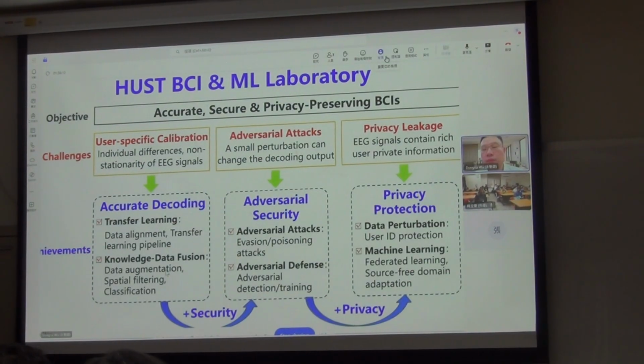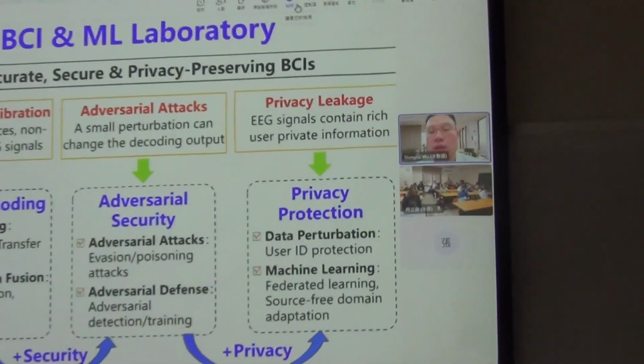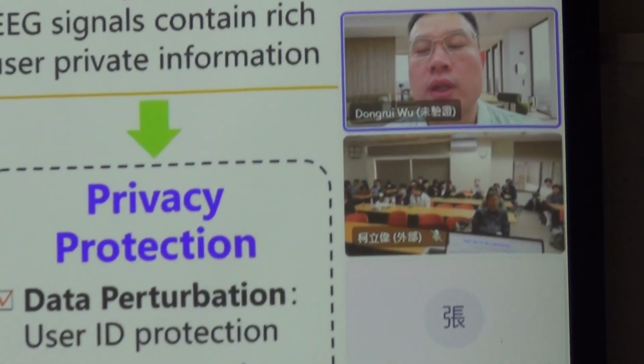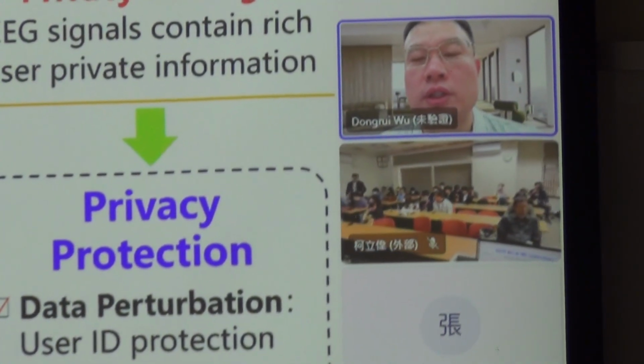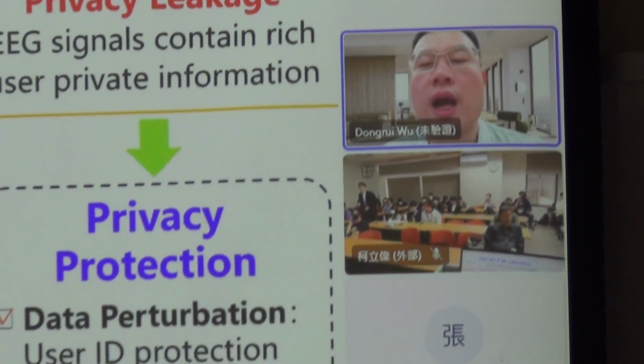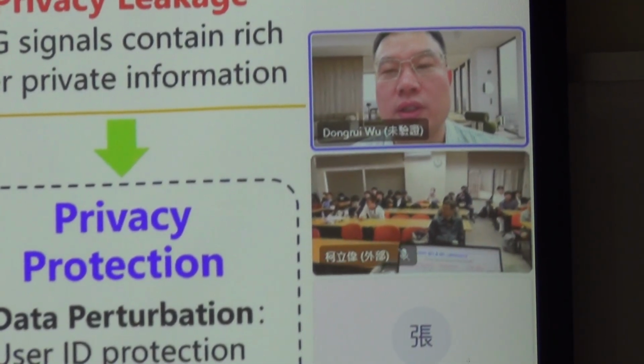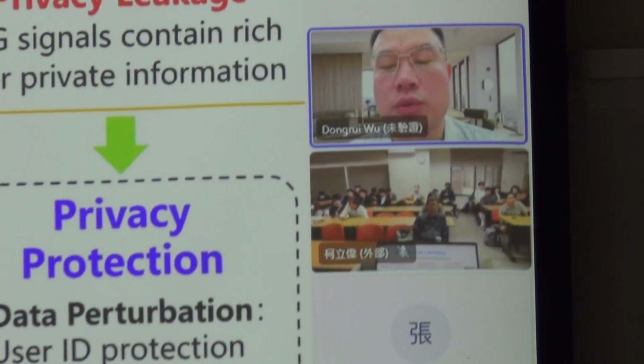So I guess there is a large need for accurate, secure, and privacy-preserving decoding algorithms for EEG-based BCIs, and also other forms of inputs such as apnea or cough signals, etc.